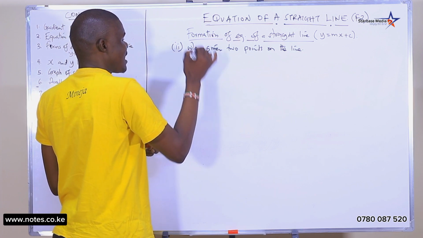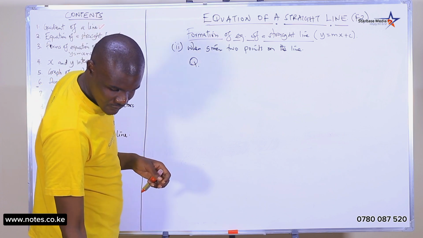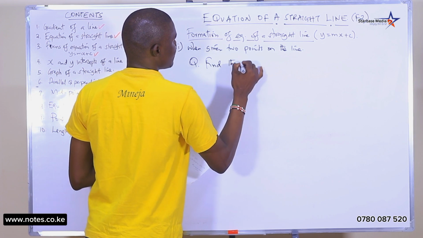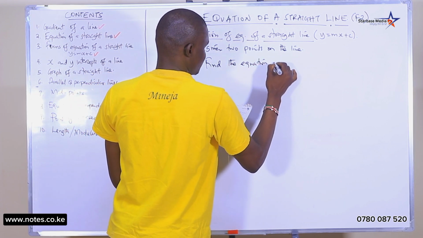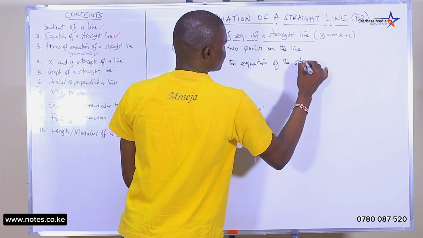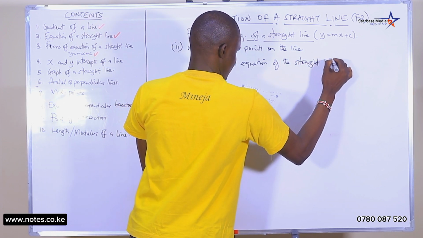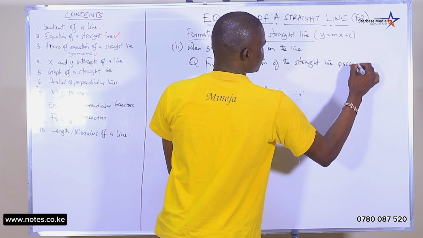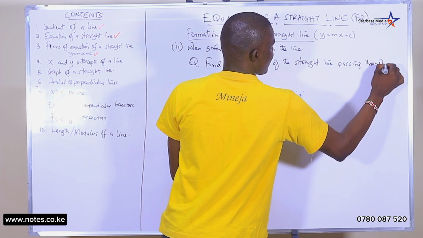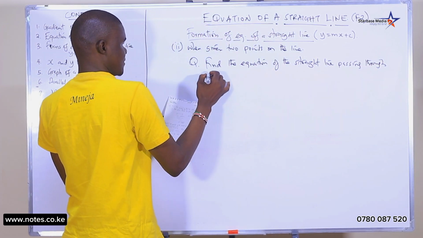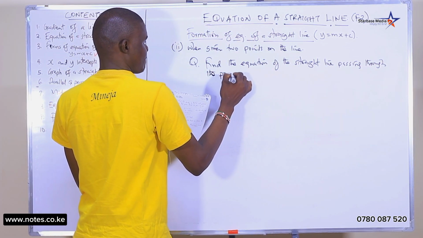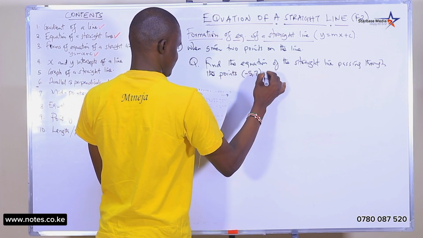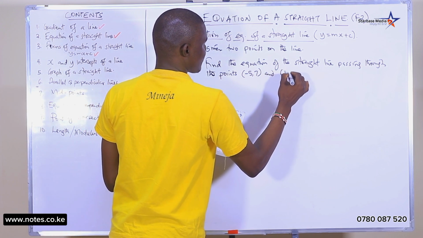So a question in point is this. Find the equation of the straight line passing through the points -5, 7 and 1, 3.